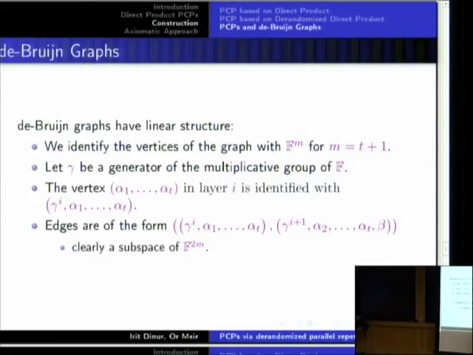So each vector gets an additional element. And this element will be used to say in which layer we are. We will denote the layer we are in using powers of the generator of the multiplicative group of the field. That is, if gamma is the generator of the multiplicative group, then the vertex alpha 1 to alpha t in layer i will be gamma to the i, comma alpha 1 to alpha t.